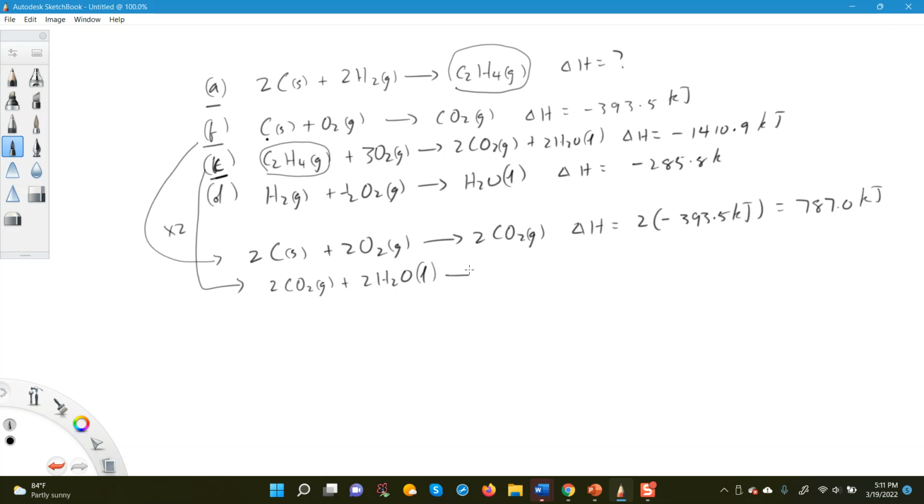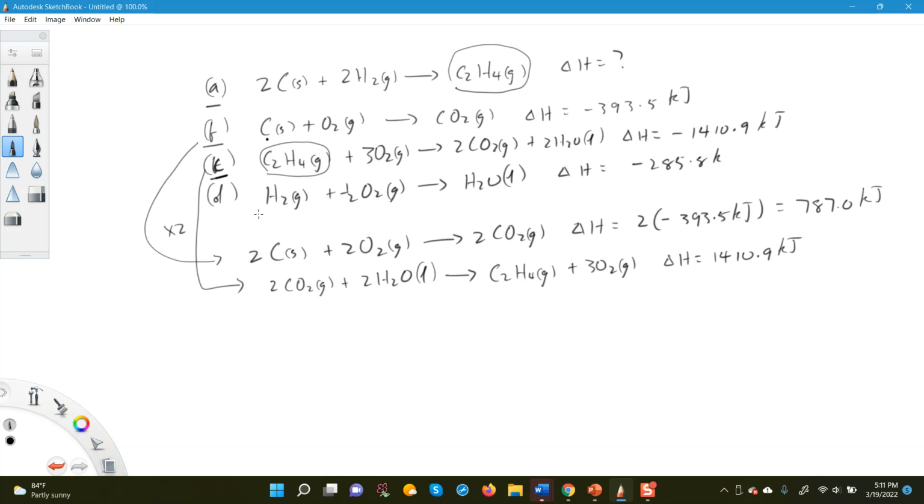And then on the product side, I'm going to have C2H4 gas plus 3 O2 gas. And delta H, as I said before, will now become positive 1410.9 kilojoules. All right?